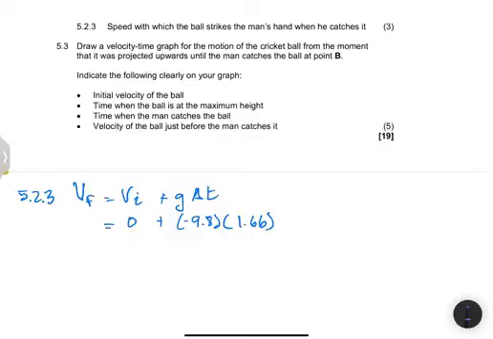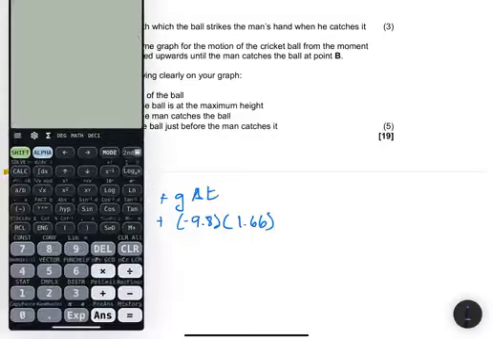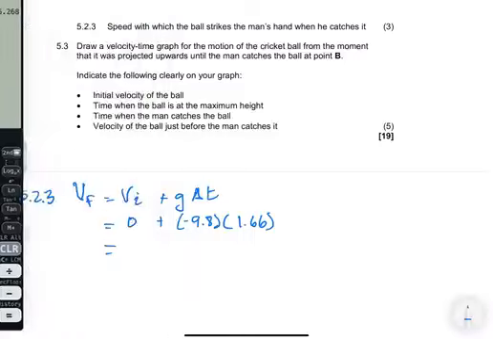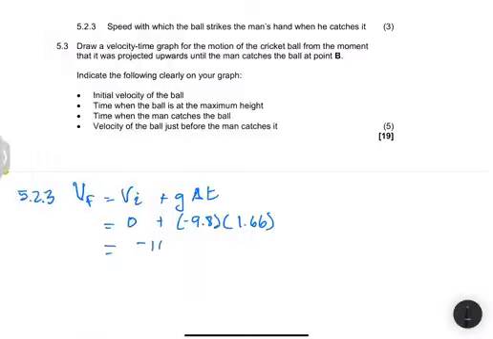Remember, that's the time it took to get from point C. So that's negative 9.8 multiplied by 1.66, and we get negative 16.27 meters per second.